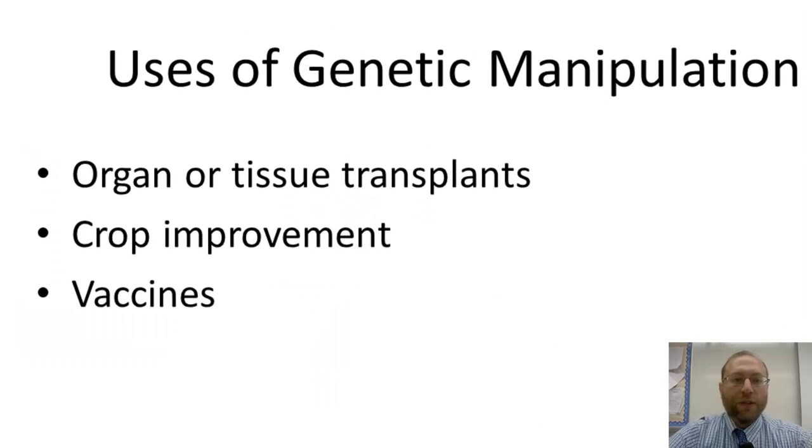Now, here are some uses of genetic manipulation. One would be organ or tissue transplants. There are some organs or tissues where people need to wait for years and years and possibly never get one before they die of a particular disease.